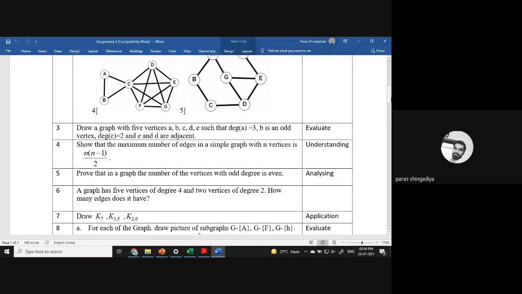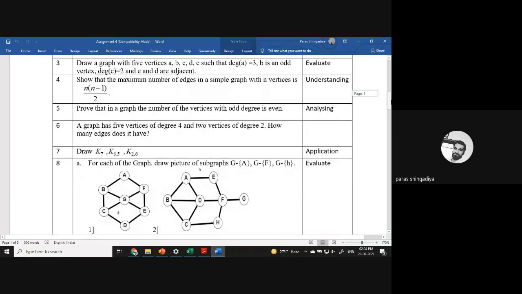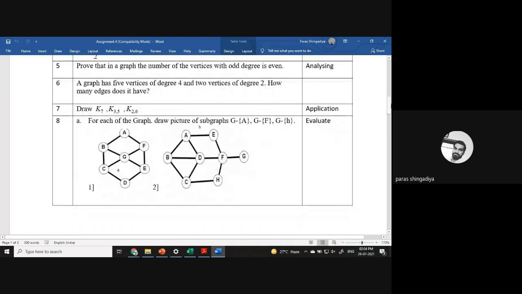Okay. So let's start with the next example. Question number 8. There are two simple graphs given, and here we'll check the subgraphs G minus A, G minus F, and G minus small h.